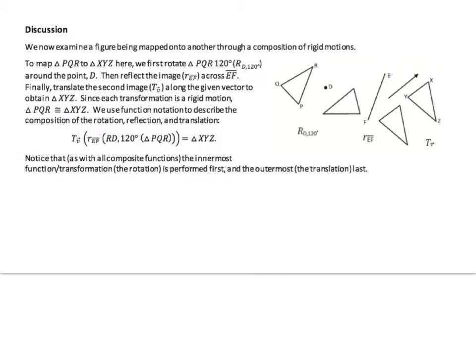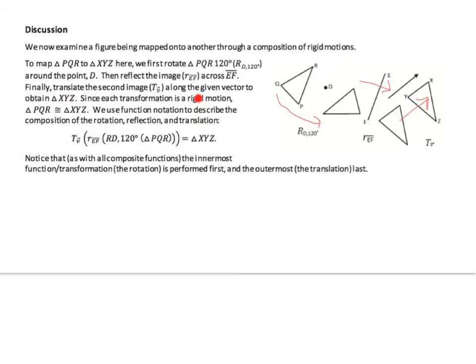So first we rotated it, remember counterclockwise, then we reflected it, and then we translated it. Finally translated along the given vector to obtain triangle XYZ.